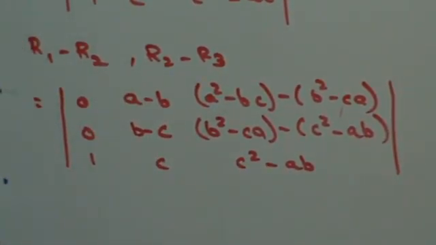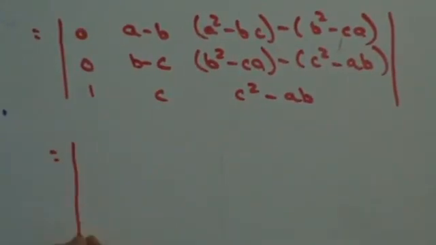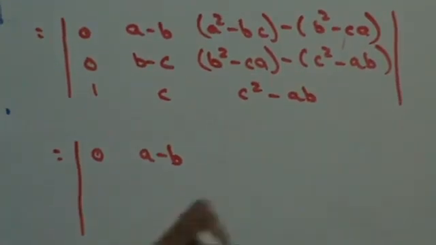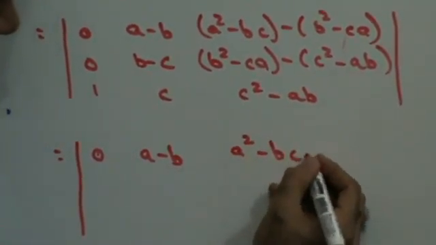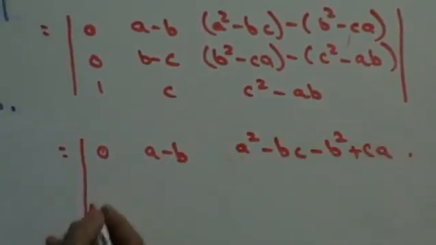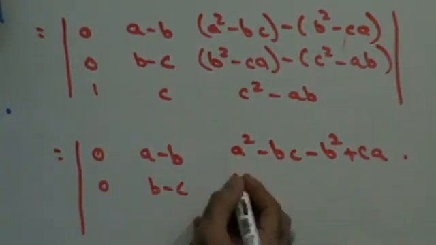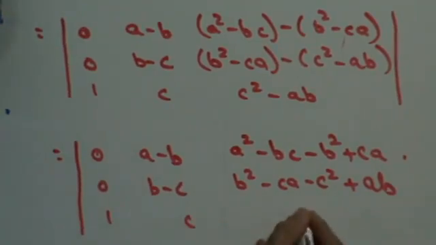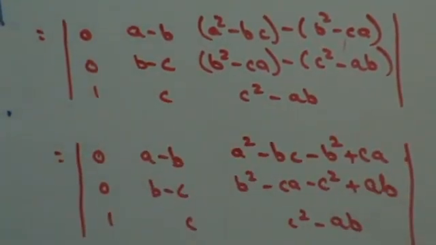Right? Now, let's try to simplify this further, guys. This is 0, a minus b. Let's open that bracket, guys. If I open the bracket, this is a square minus bc minus b square plus ca, 0, b minus c, b square minus ca minus c square plus ab, 1, c, c square minus ab. Right? Now, let's rearrange these terms, people. If I rearrange these terms, I will get 0, a minus b.